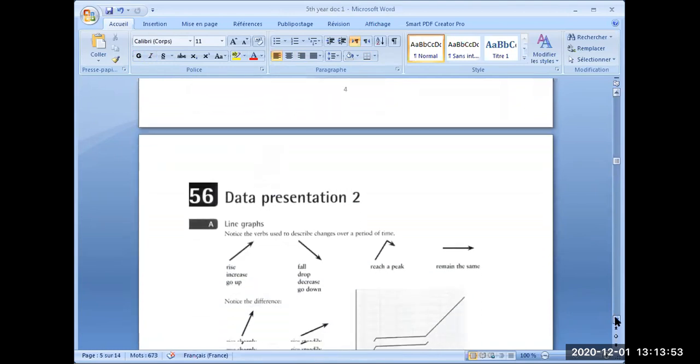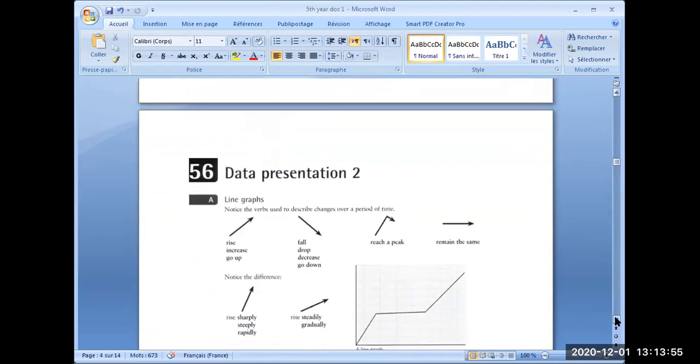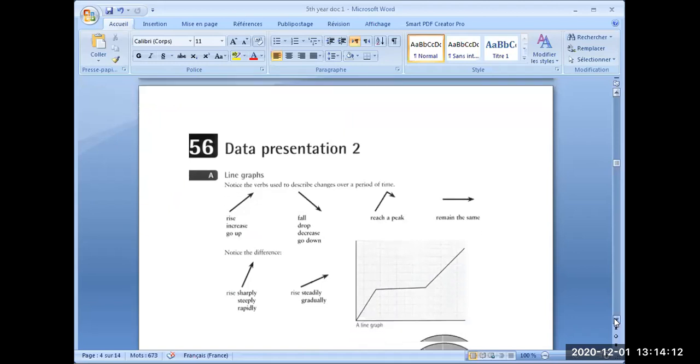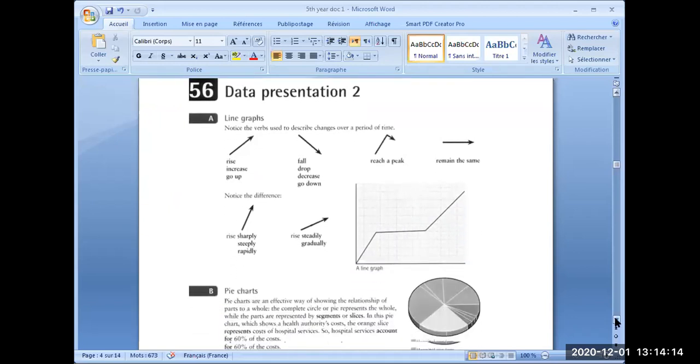So when we make a presentation, we need to make graph interpretations. The graphs can be in a form of a line, of lines like here, or a pie chart, we will see a little bit further, or a bar chart. As you can see in the second one, you can have lines representing statistics or any kind of study.